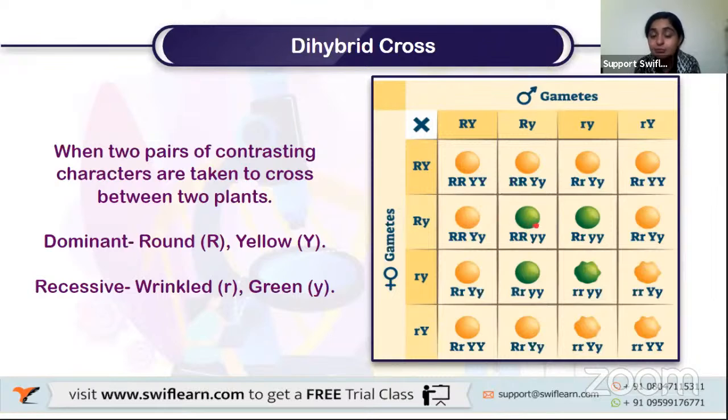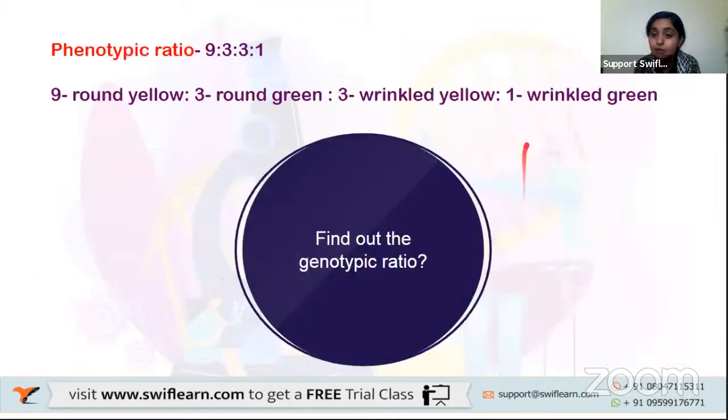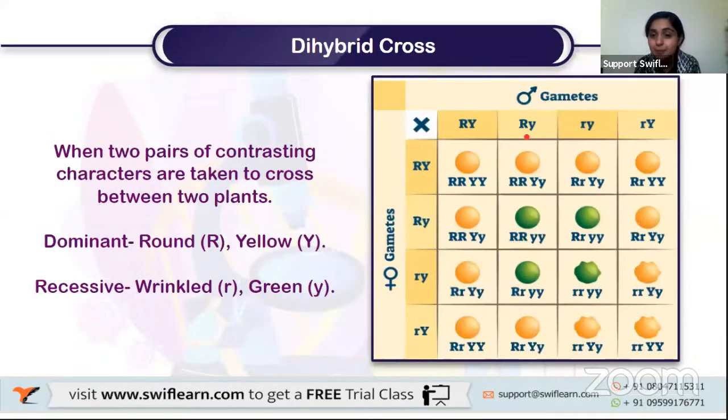On the other hand, moving further, R was capital both here in the row as well as here in the column. So which was more dominant over here? The round one, right? But on the other hand, y, that stands for the color yellow, both are small. So there was no dominant trait left over here.